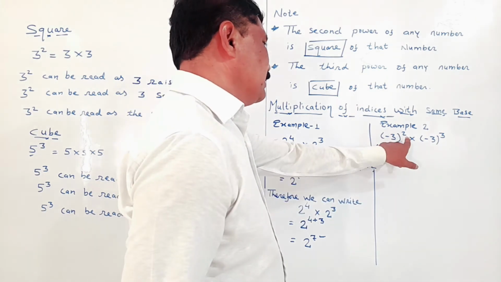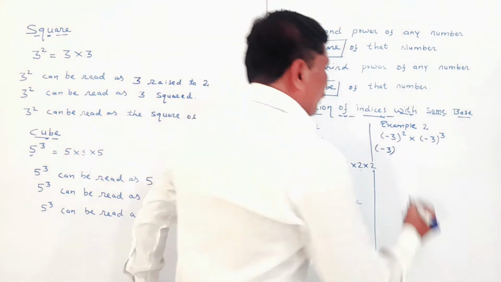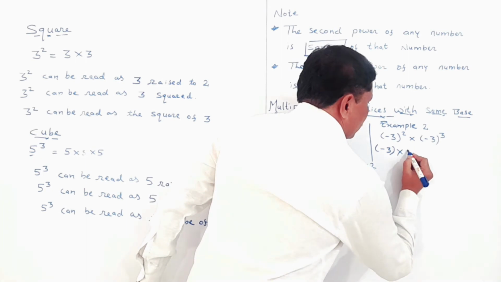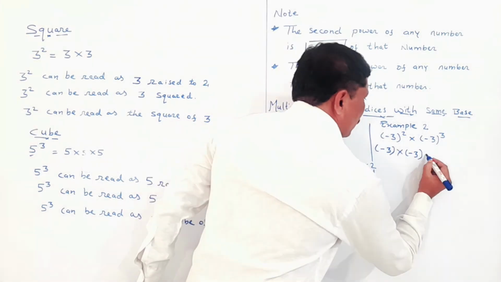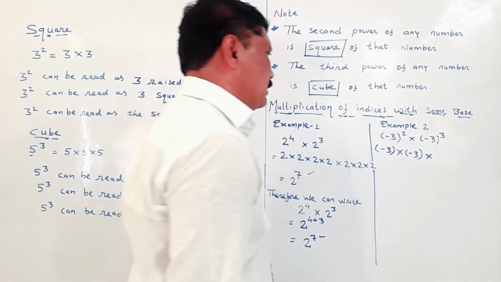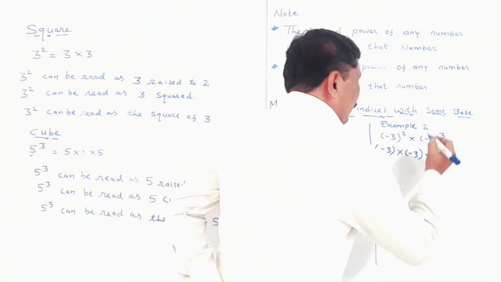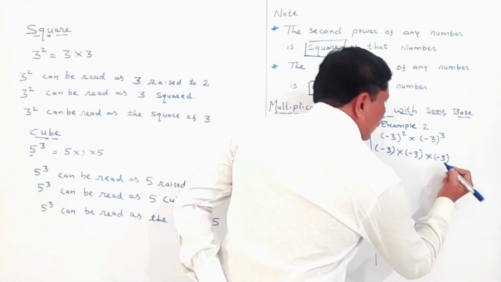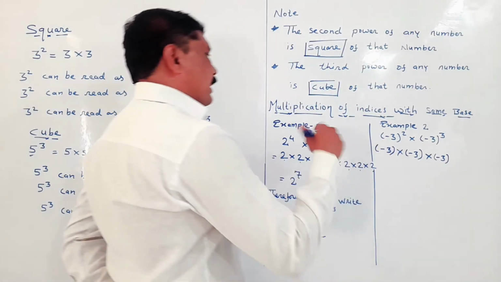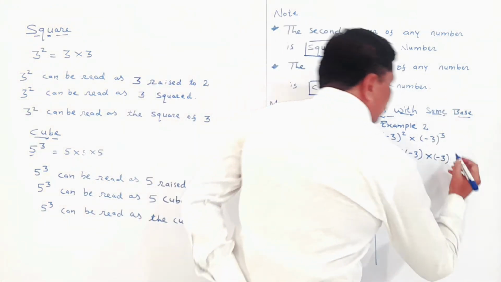Here the index is 2, so we can multiply it 2 times. Here, my dear student, there is a multiplication sign, so we will take the multiplication sign. Again, here we have the base minus 3, and we can multiply it again and again 3 times.